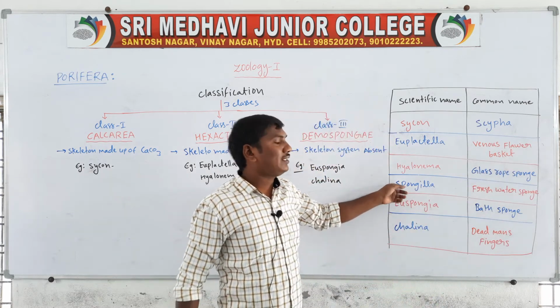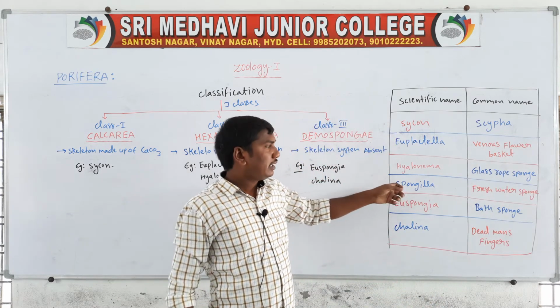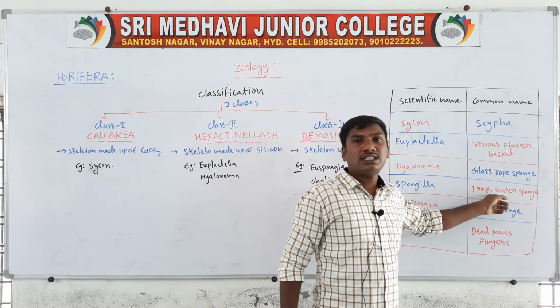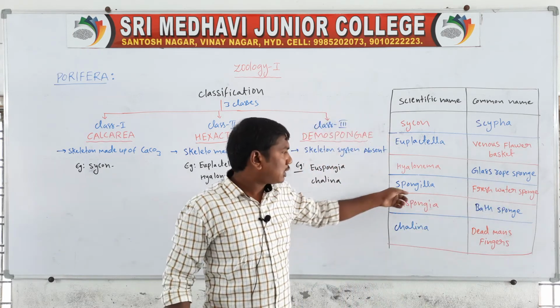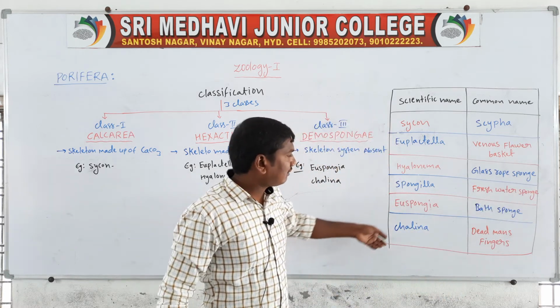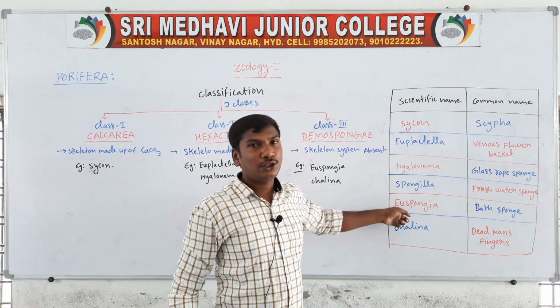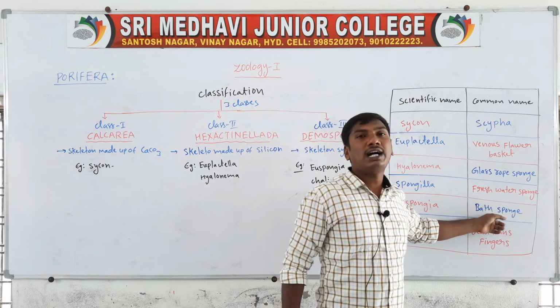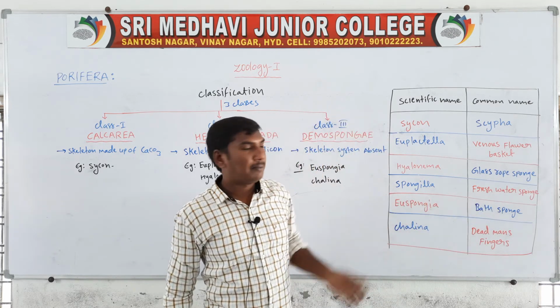Fourth one, Spongilla. The common name is freshwater sponge. Next one, Euspongia. The common name is bath sponge.